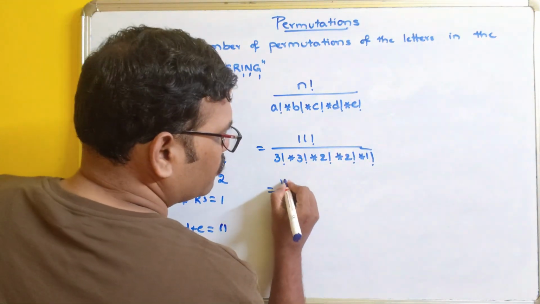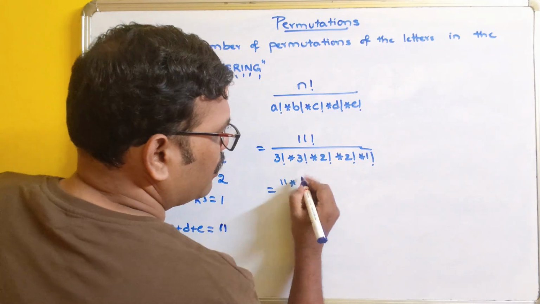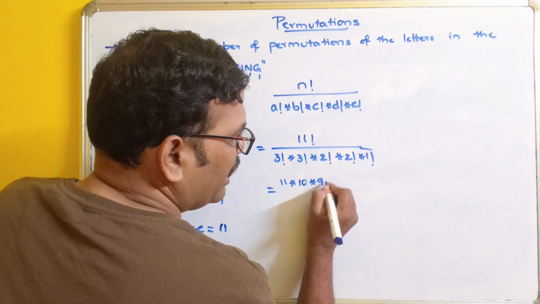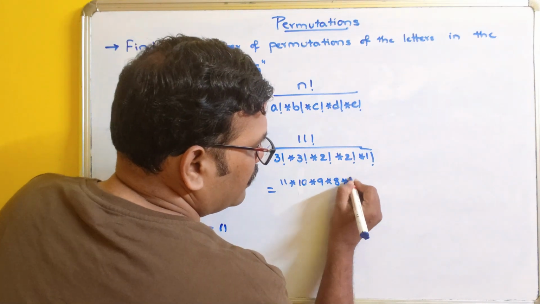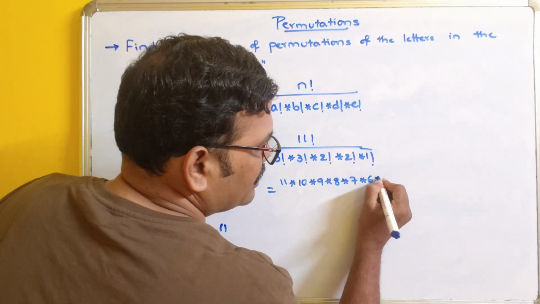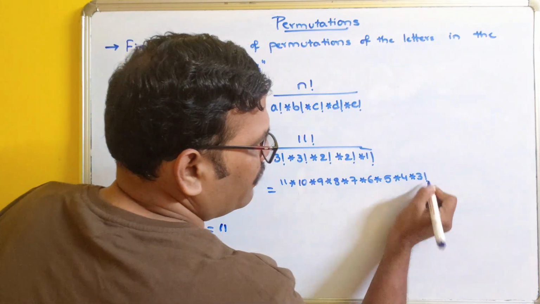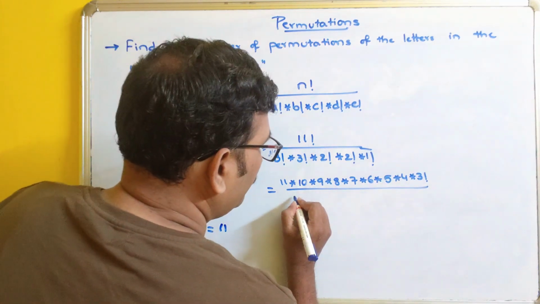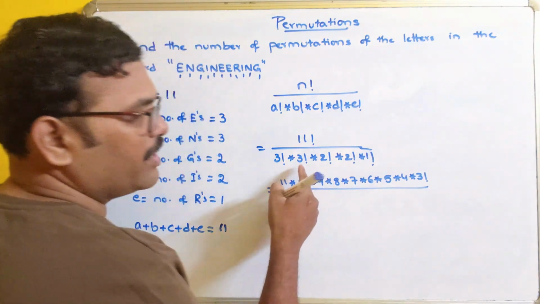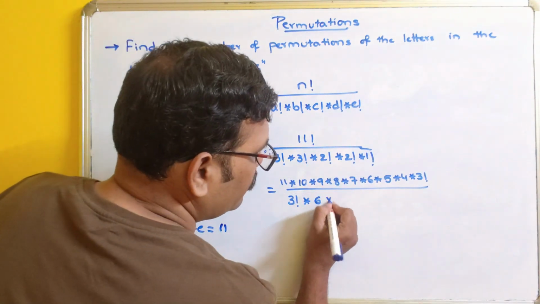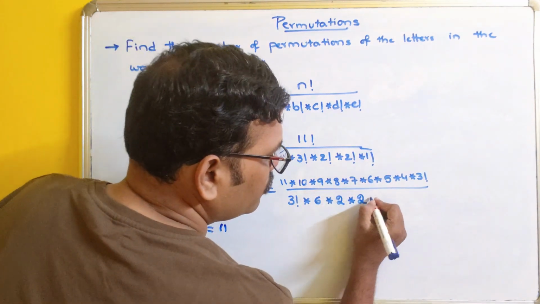Okay, you can solve. So 11 into 10 into 9 into 8, 7, 6, 5, 4, 3 factorial divided by 3 factorial into 3 factorial, which is 3 into 2 into 1, which is 6, into 2 factorial, which means 2 into 1, and again 2 factorial is 2 into 1.